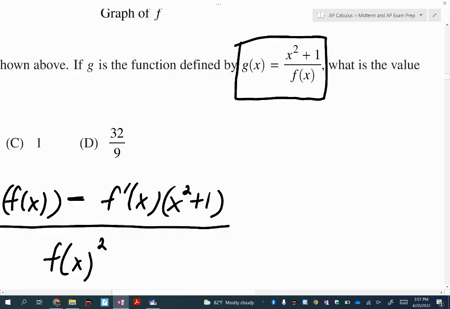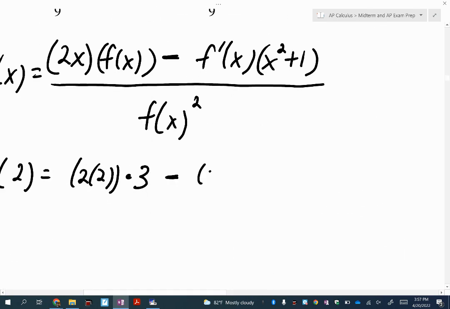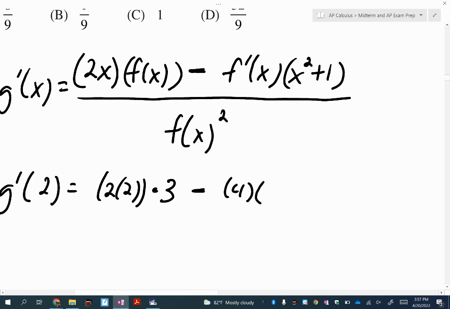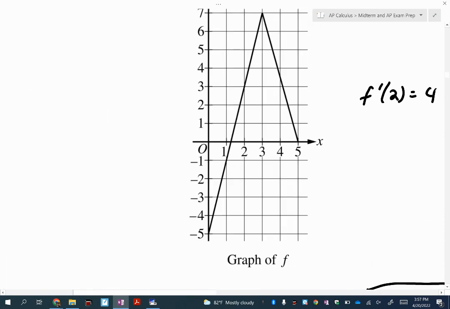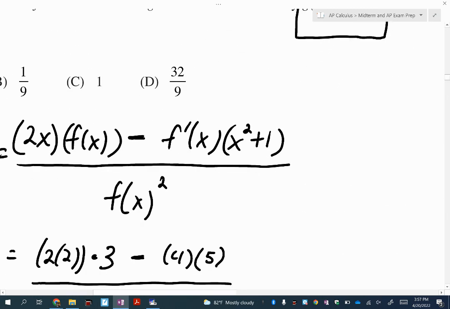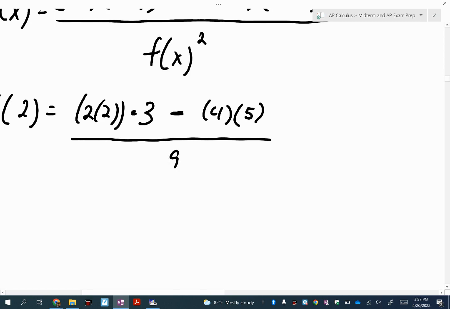Nice, Israel. Okay, we can plug in 2 here. What's 2 squared? 4 plus 1. And f of 2 was 3. What's that squared? 9. So 4 times 3 is 12 minus 20 over 9.